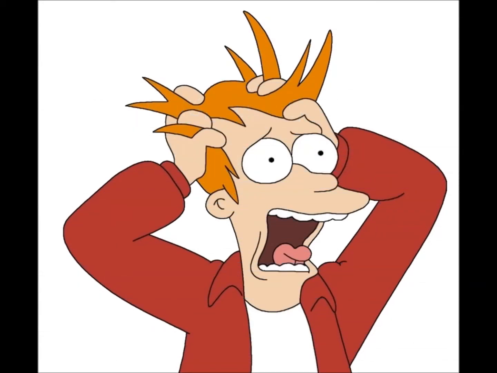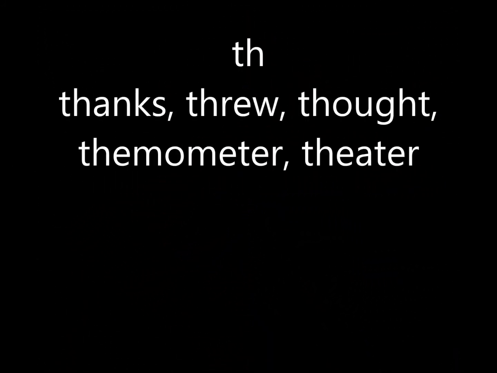Even more difficult is the th sound in words like thank you, through, thought, thermometer, theater. So the solution in engspan is to get rid of all the words with this th sound, which is very difficult to say.